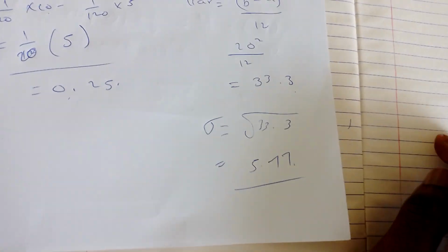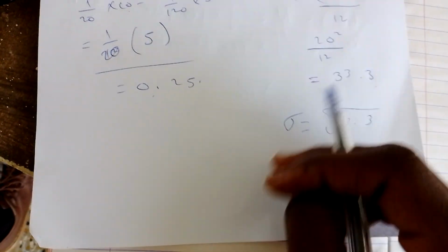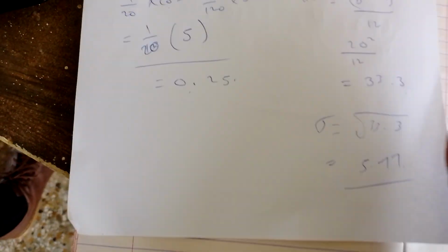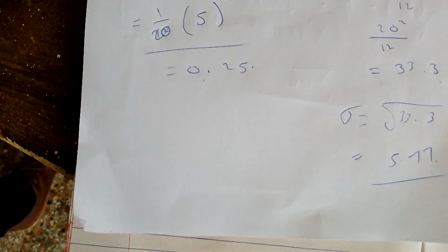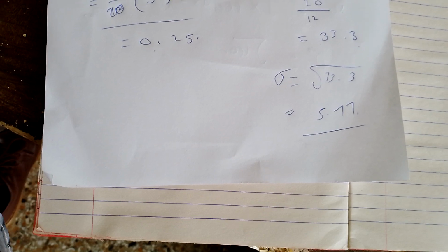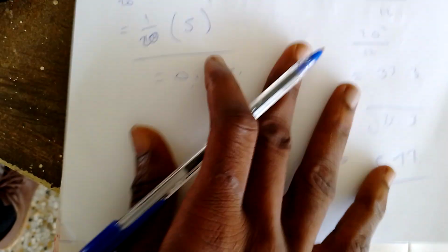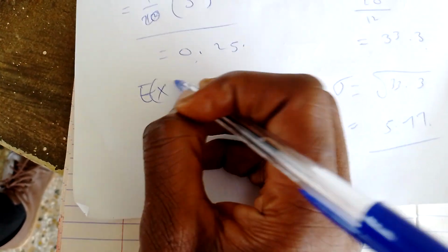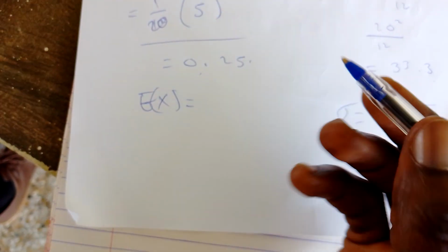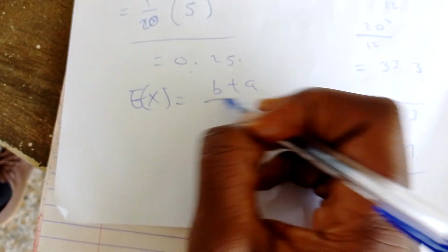So basically this is how you go about solving questions on uniform random variables. Let's just wrap up. I don't think there is anything else to this, so I'll move on. If you are asked to find your expectation, or the mean, in a uniform distribution, then you can use b plus a on 2.